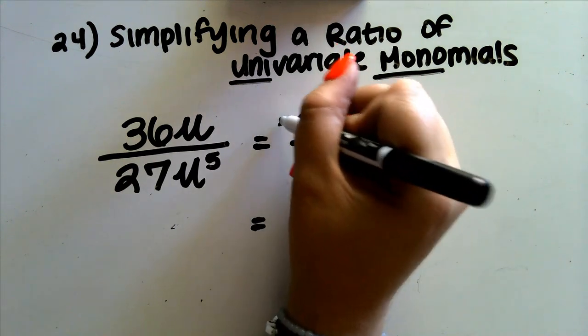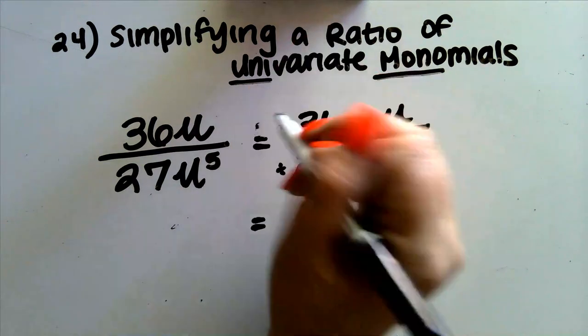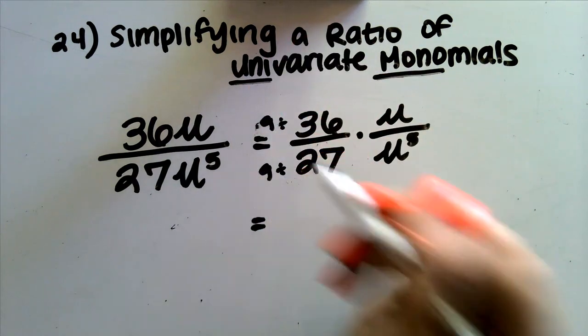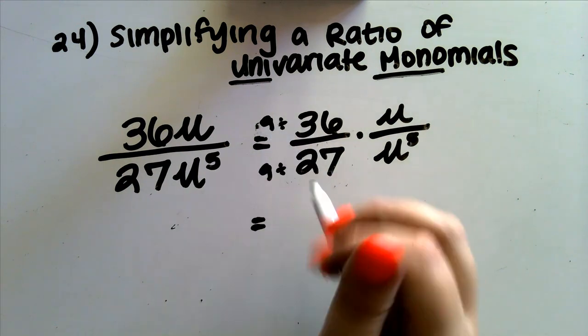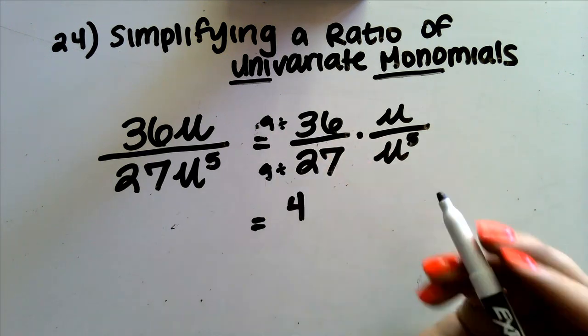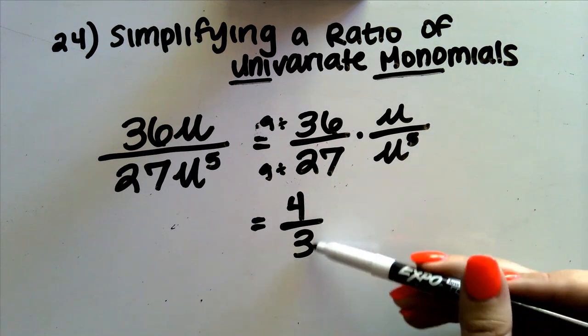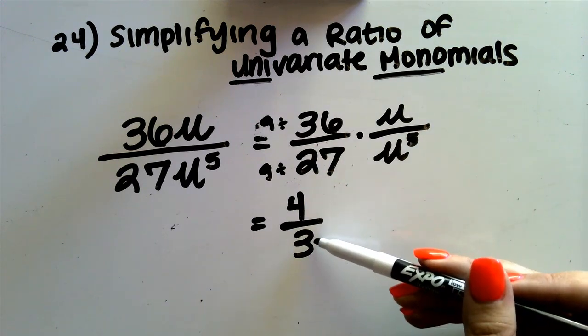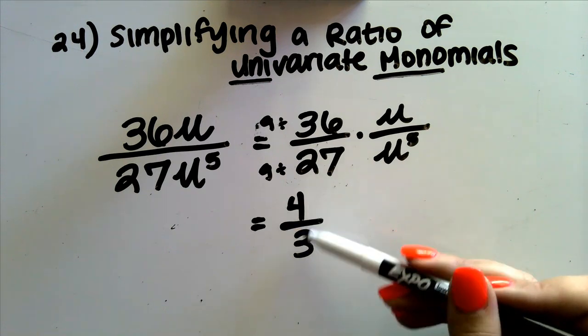So I divide by 9 in both the numerator and the denominator. Remember, this is just simplifying a fraction. We end up with 36 divided by 9, which is 4, and 27 divided by 9, which is 3. I know that this is the most reduced fraction because there is nothing besides 1 that goes into both 4 and 3.